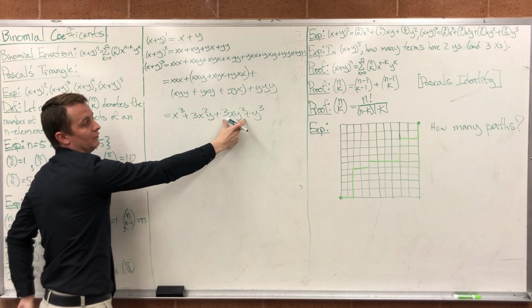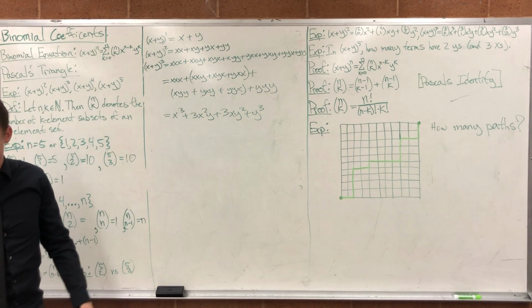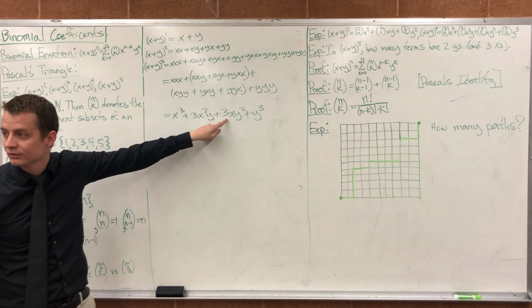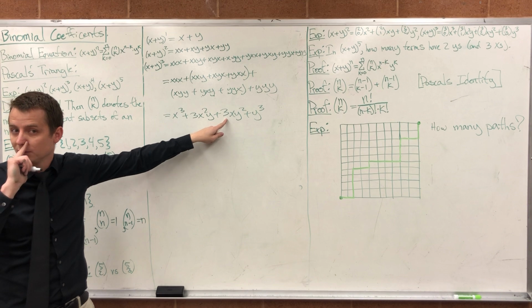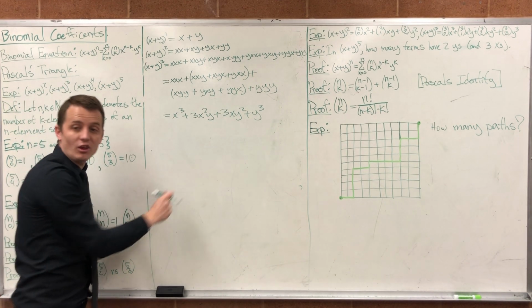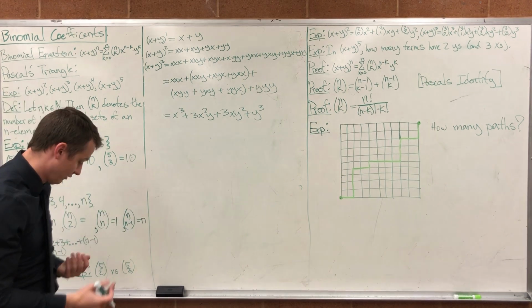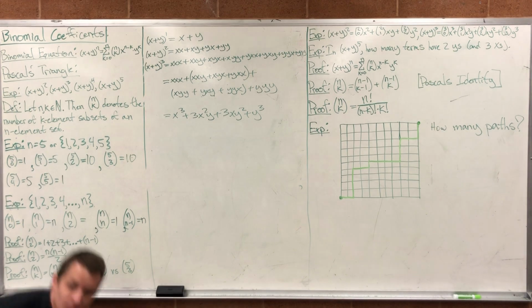How many ways can we have just 2 y's? 3. That's what was counting. That's what determined what that coefficient was. Does that make sense? So that's why these coefficients are these numbers, these n choose k's.